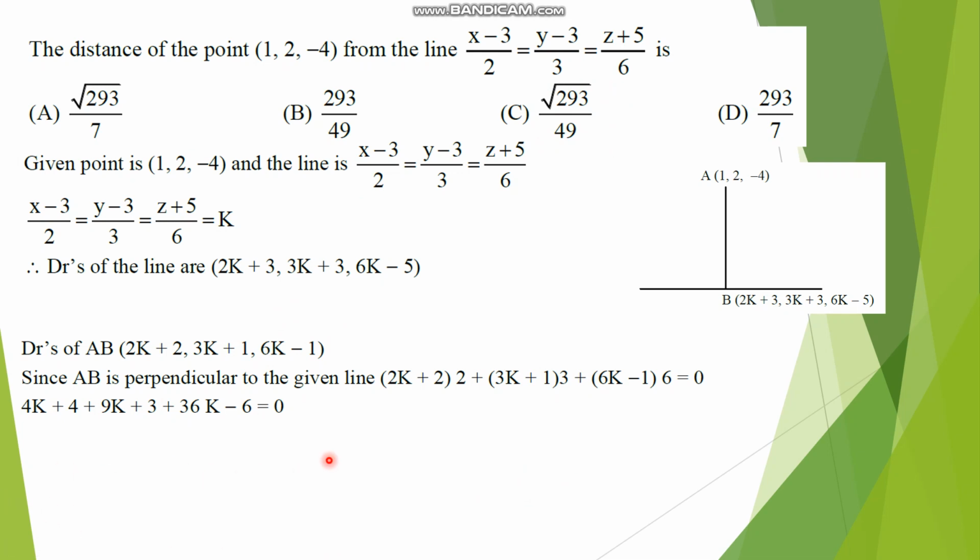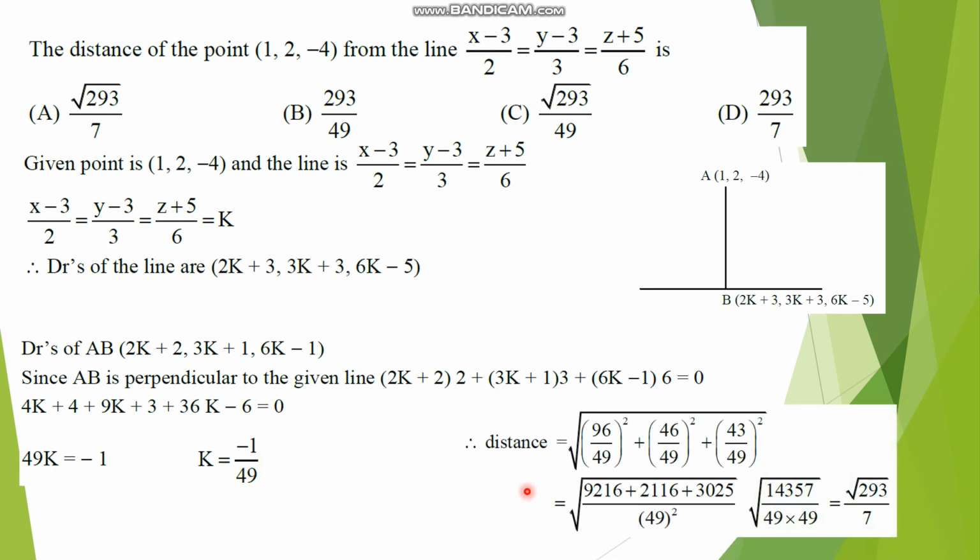Simplifying this equation, we end up getting k equal to minus 1 by 49. Therefore, distance is given by root of (96 by 49) whole square plus (46 by 49) whole square plus (43 by 49) whole square, and when you simplify it further, our final answer will be root of 293 by 7, which is option A.